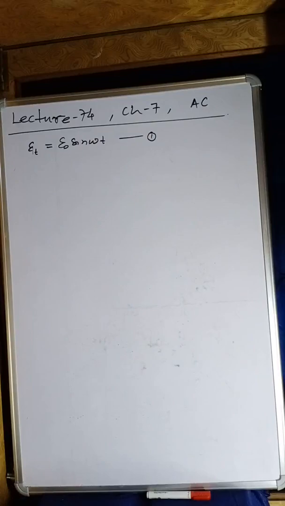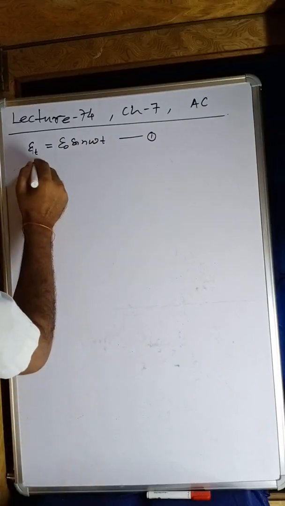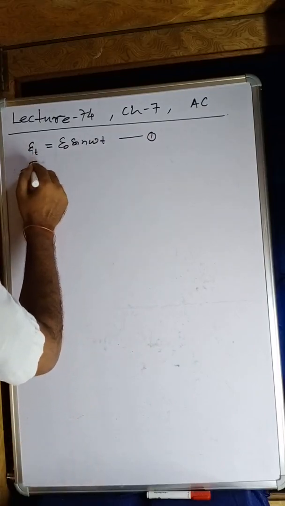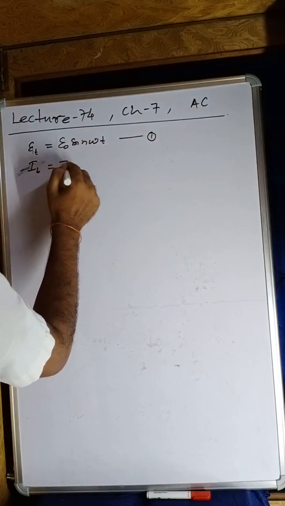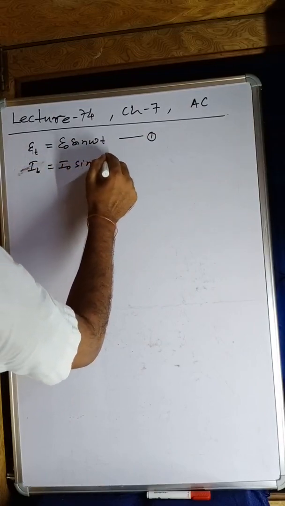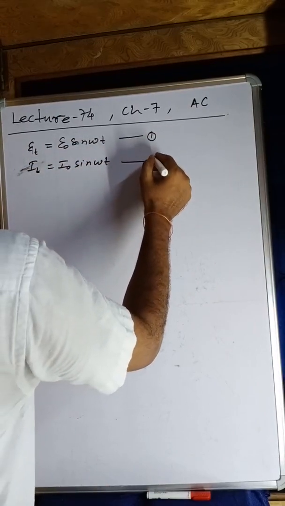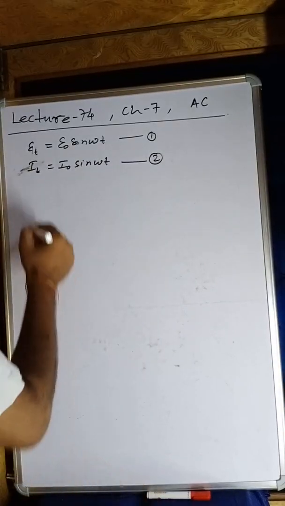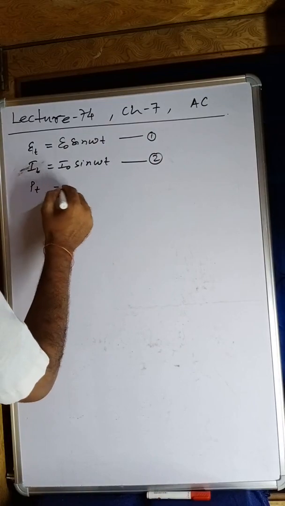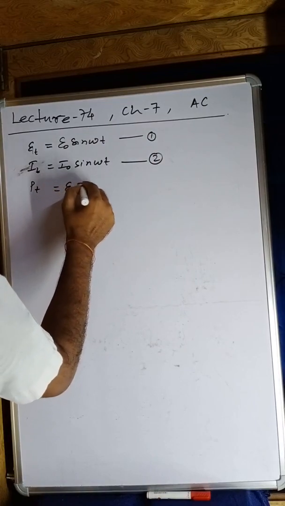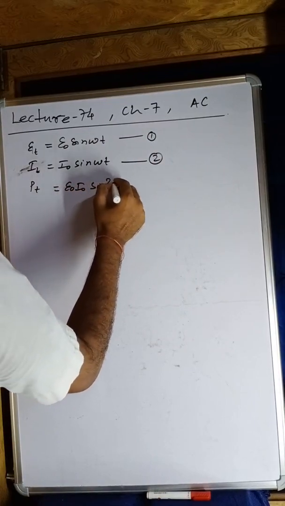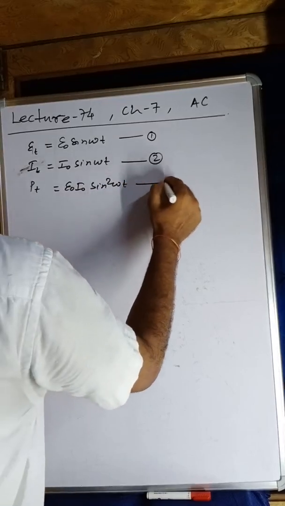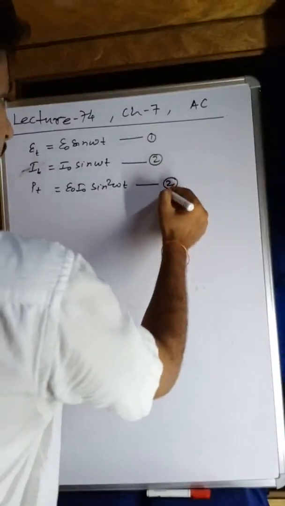We have the instantaneous current, I(t) as I naught sin omega t. We have power as P(t) equals E naught I naught sin square omega t.